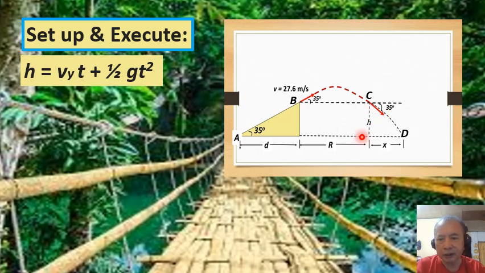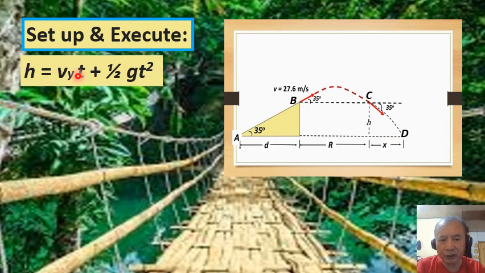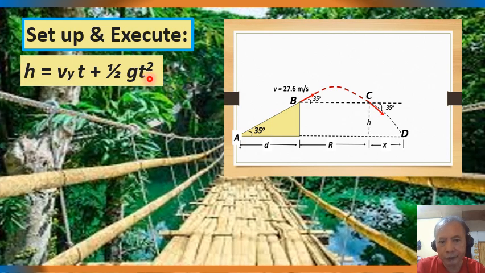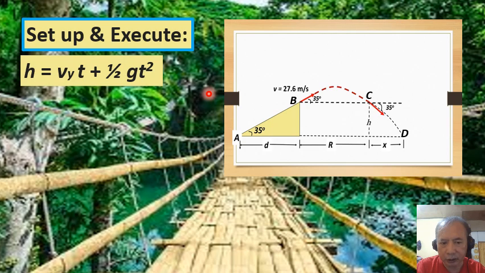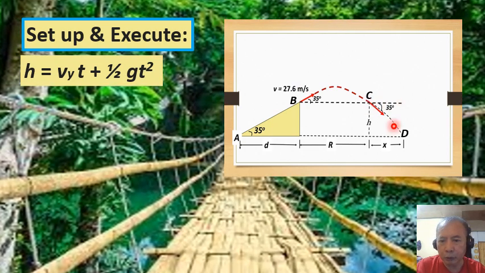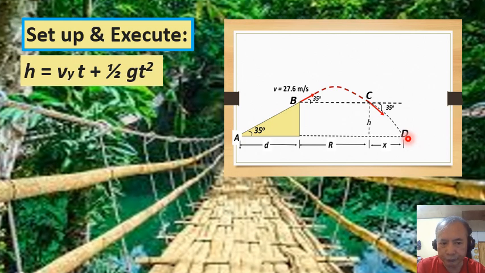That is, h is equal to v sub y t plus 1 half g t squared, right? So our task is to determine the time t, the time it takes for the rocket to move from point C to point D, or the ground.